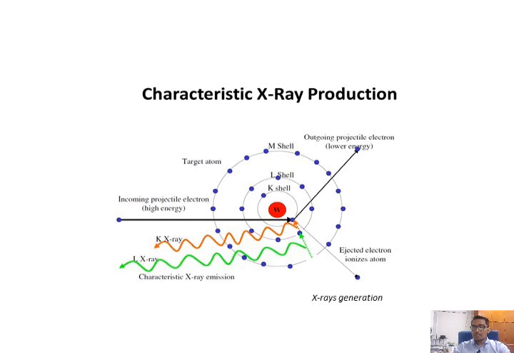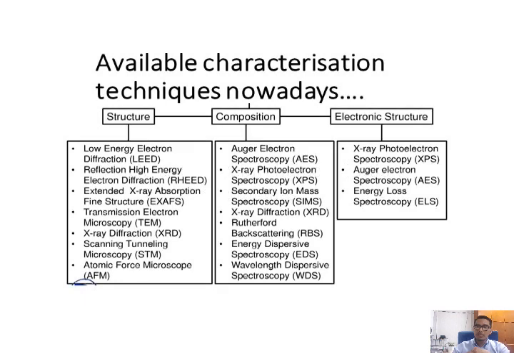Moving on in slide 17, this is general information about the use of X-ray in many characterization techniques, depending on the aims. In slide number 18, if you want to do structural analysis, you could use various types of characterization. For instance, you could use transmission electron microscope TEM, X-ray diffraction, scanning tunneling microscope STM, atomic force microscope AFM.